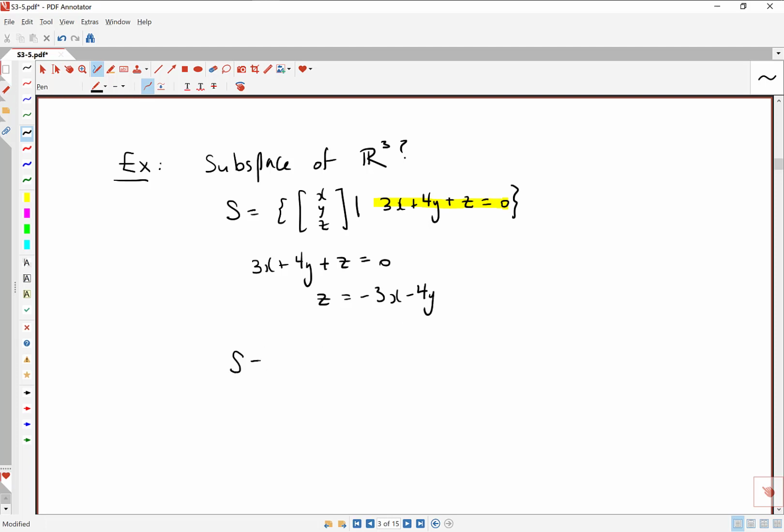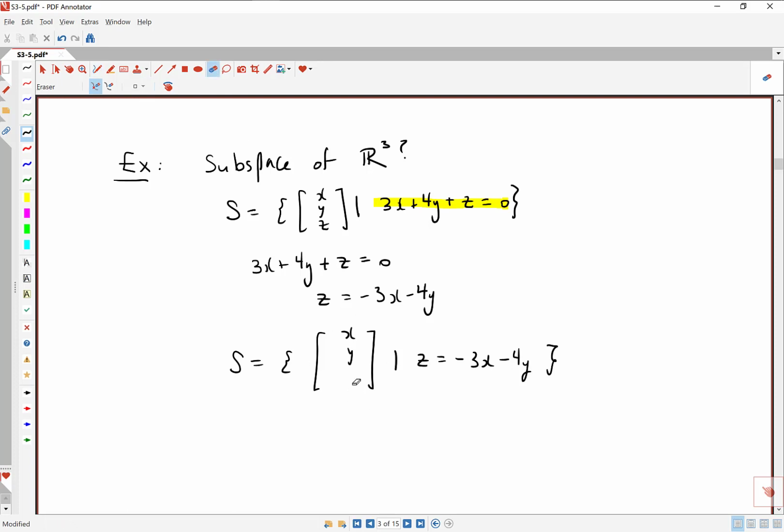That way we can rephrase our set of vectors as a set of vectors x, y, z such that this restriction is true, so such that z equals negative 3x minus 4y. But once you write it like that, there's actually a much cleaner way of describing that set.